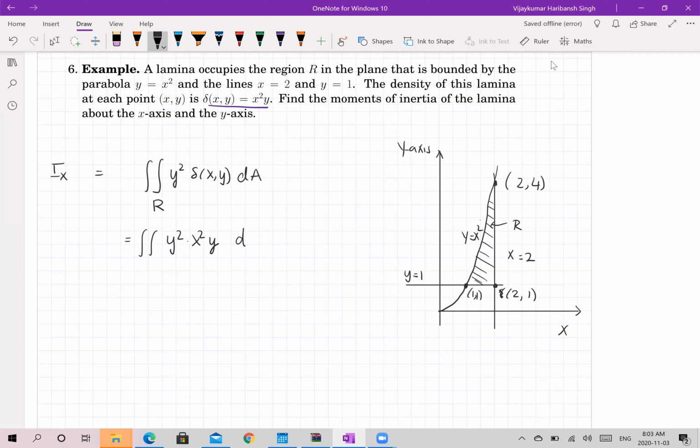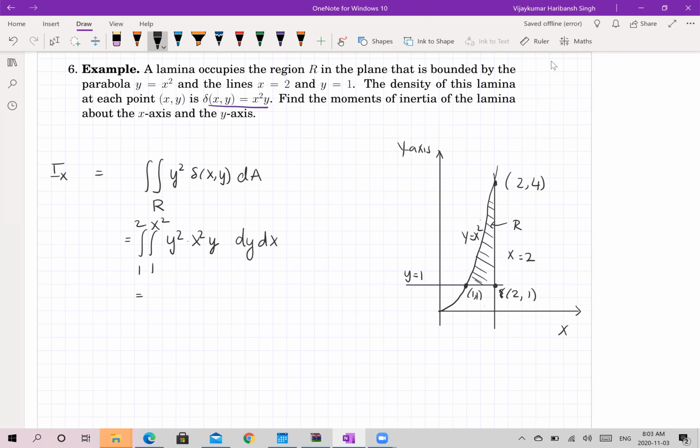Now in this case, again, we can go y first, so y first, then dx. Only thing to note is that your y is changing from 1 to x squared and your x is changing from 1 to 2.